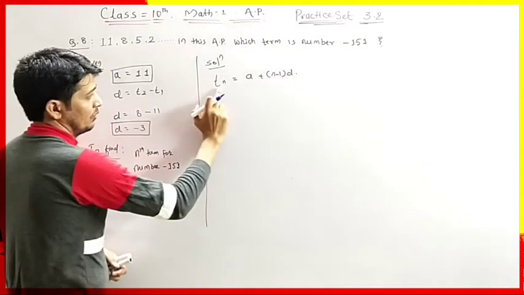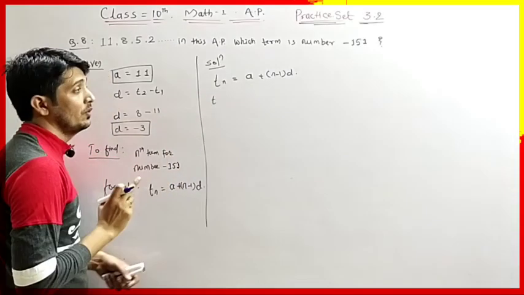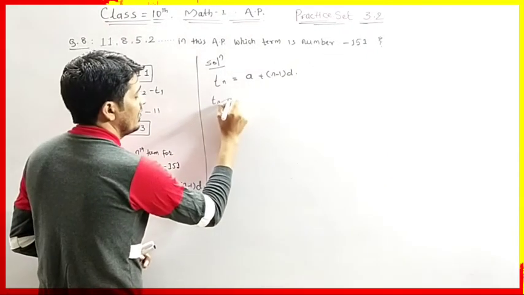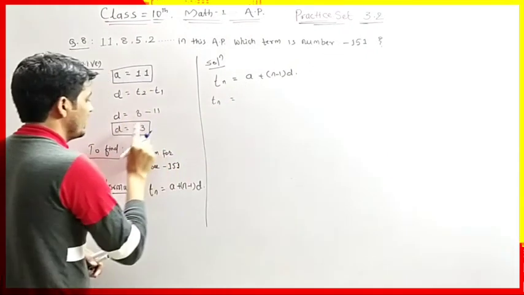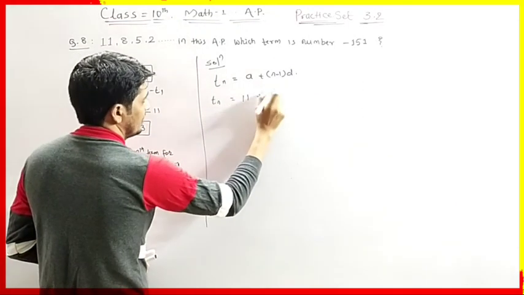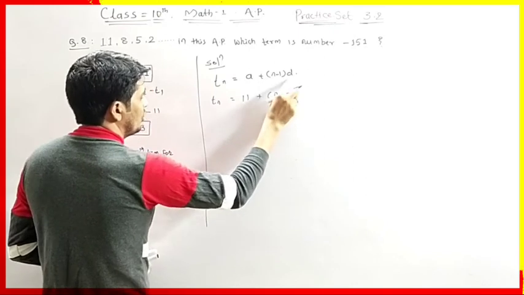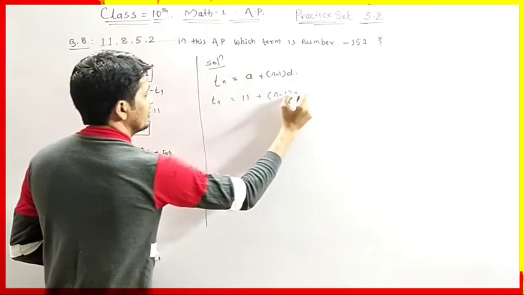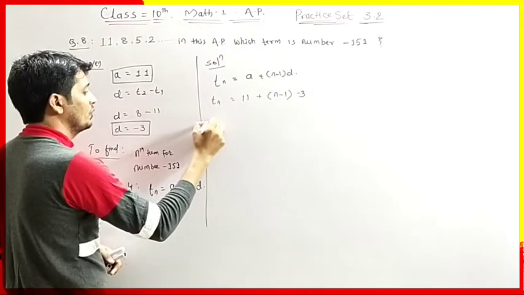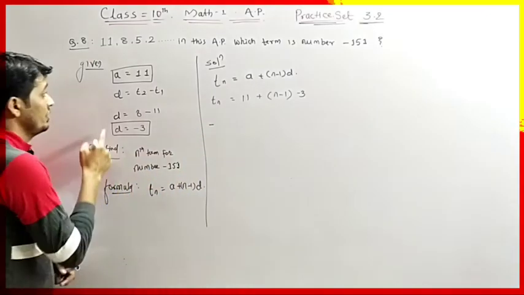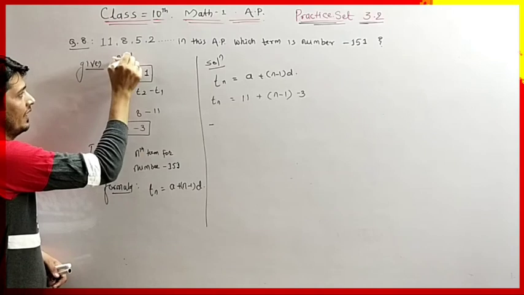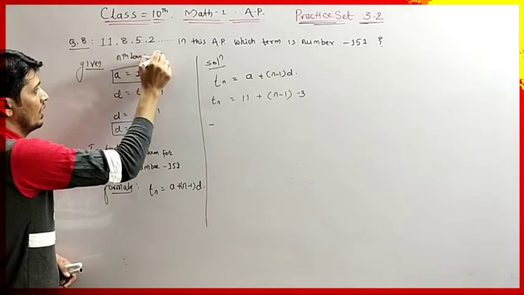Okay, so see which term we have to calculate? This Tn. So Tn equals, what is a? A is 11. So we have to write 11 here, plus n minus 1 into d. What is d? D is minus 3. So the nth term is negative 151.